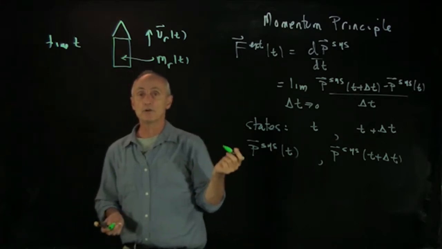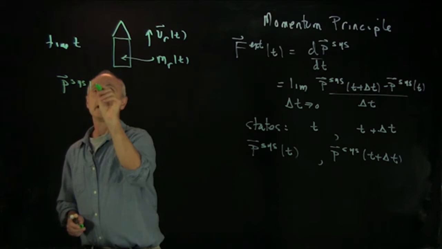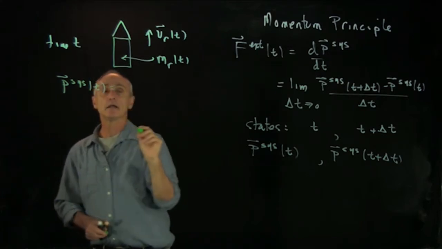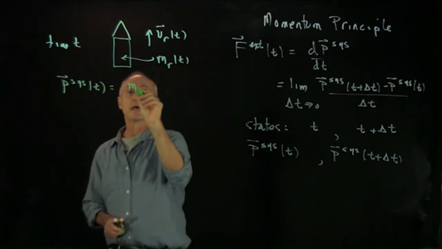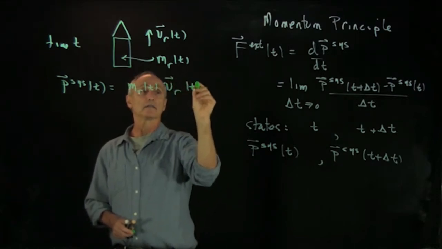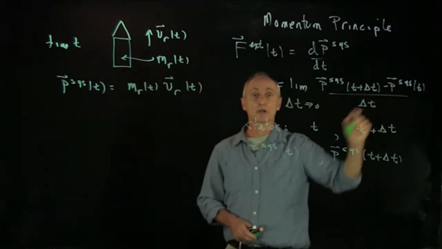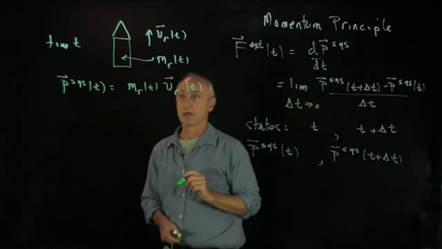And so now it's very simple to write down the momentum of our system at time t. That's equal to just the mass, m r of t, times the velocity of the rocket at time t. And so we can use that in our expression for the momentum of the system.